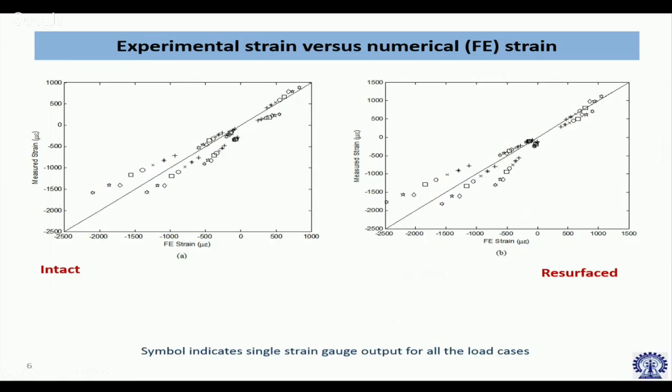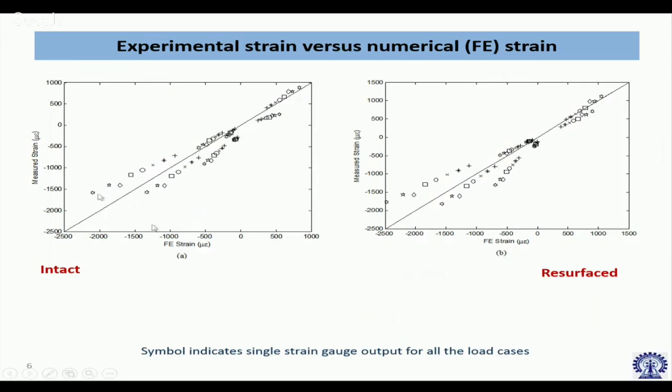Now comes the important thing, the results. As a researcher, you should be very critical about your finite element model. This is the first thing. The finite element strain at the locations of the strain gauges needs to be computed, and you have the measured strain on the other hand.